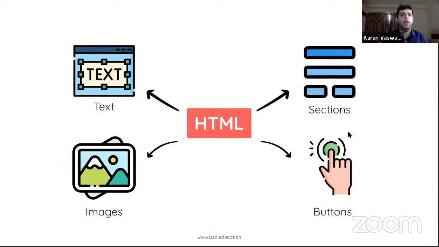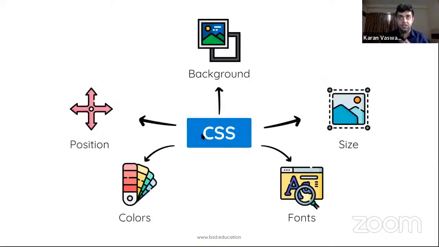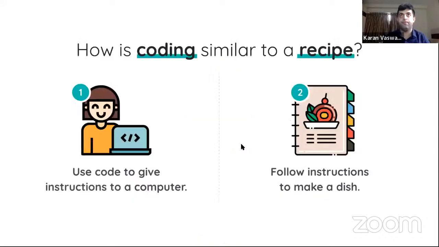In HTML, we add the text, we add different sections, we add images, and we also add the buttons. Moving on to CSS, we add things like the background, the size, the fonts, the colors, and we can even adjust the position of various elements.